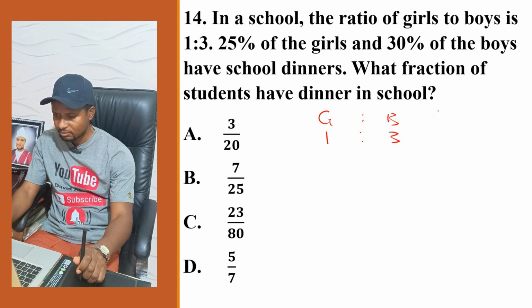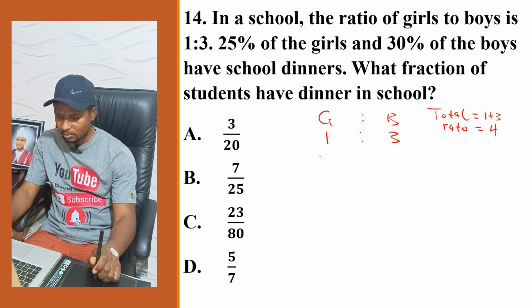25% of the girls. So let's use total. Total will just be 1 plus 3. That's total ratio. And that will give you 4. So we're told that 25% of the girls, 25% is 25 over 100.